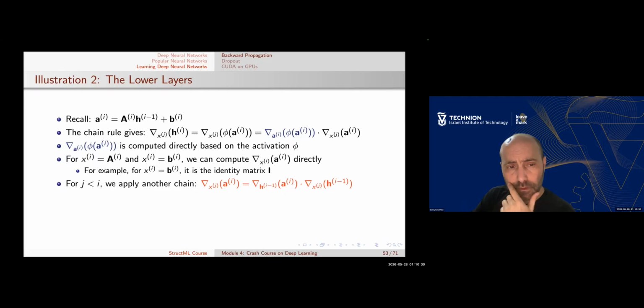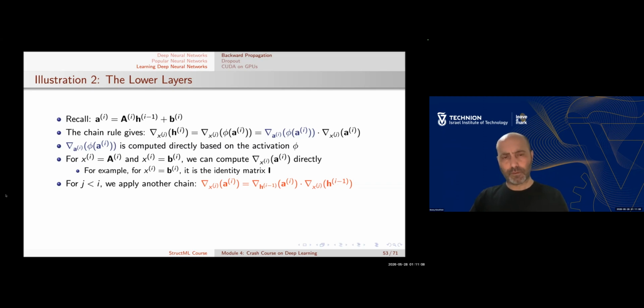But if j is smaller than i, and we need to compute the derivative of x j on this part, then we again apply the chain rule. So this is theta of h i minus 1, this is our h i on a i, times the derivative of x j on h i minus 1.